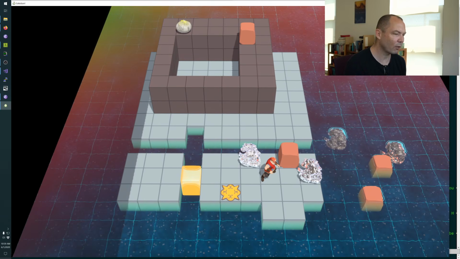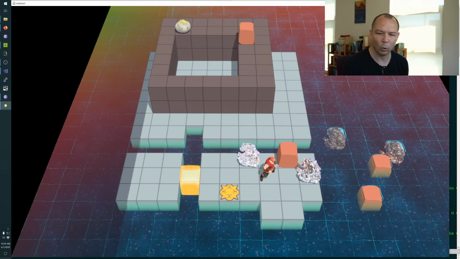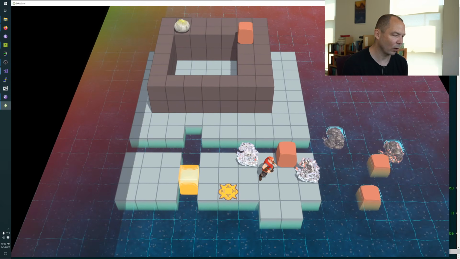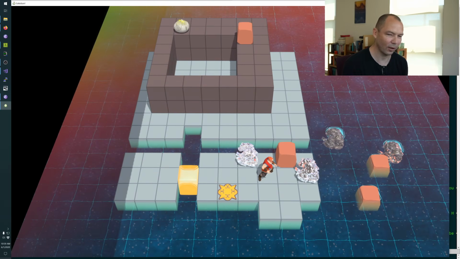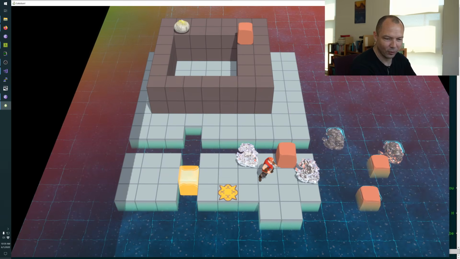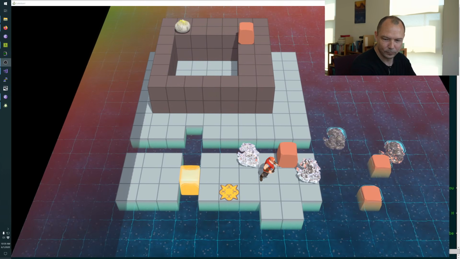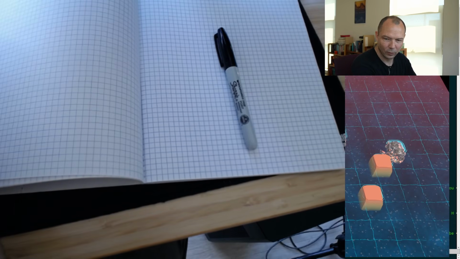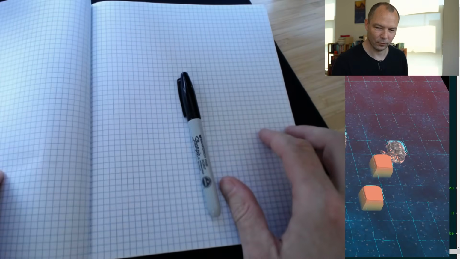Okay, so let me talk for a bit about what we do when we render a scene like this. And I guess we'll start maybe drawing on some piece of paper to do that. And we'll see. Okay, so I've got my very high-tech drawing situation here.